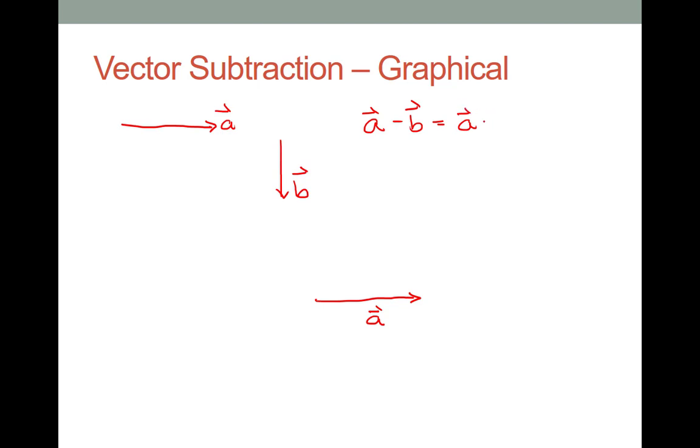Instead of being A minus B, as A plus negative B. Now why do this? Because I know how to add. And I know what putting a negative in front does. It just changes the sign of everything. So anything that was positive is now negative and vice versa. So negative B will point upward and be the same length as B. Okay, the negative flips the direction on it. So my vector A minus B points from the tail of A to the tip of negative B.